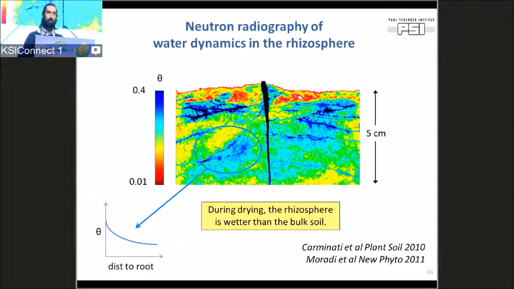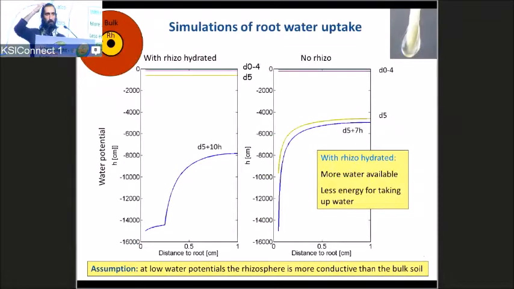The consequences of this mucilage can be visualized in this model. It's just a model so far, still a hypothesis, but we calculated the gradients of water potential around a single root during a drying experiment. On the right side, without mucilage, you predict that during the drying period from day 0 to day 5, you get a big drop in water potential around the roots.